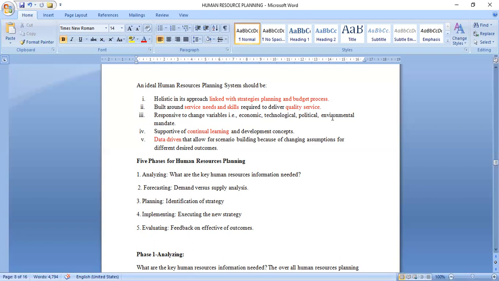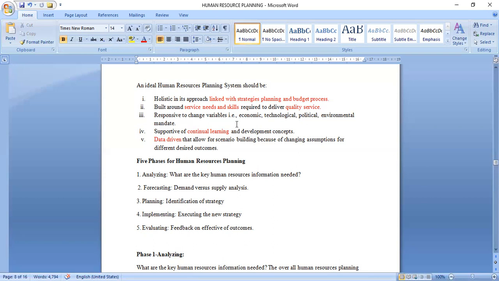We've also looked at the environmental mandate, for example, where the government's environmental laws may require organizations to use more human beings than machines, because most of these factories use machines that emit greenhouse gases. They contribute to air pollution, which is harmful to people's health.